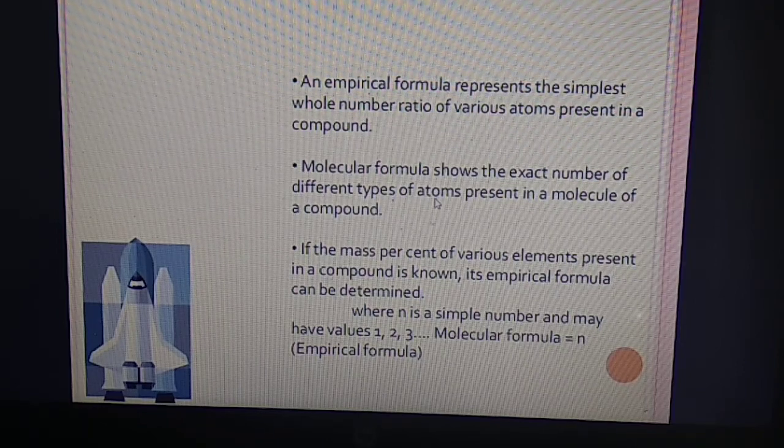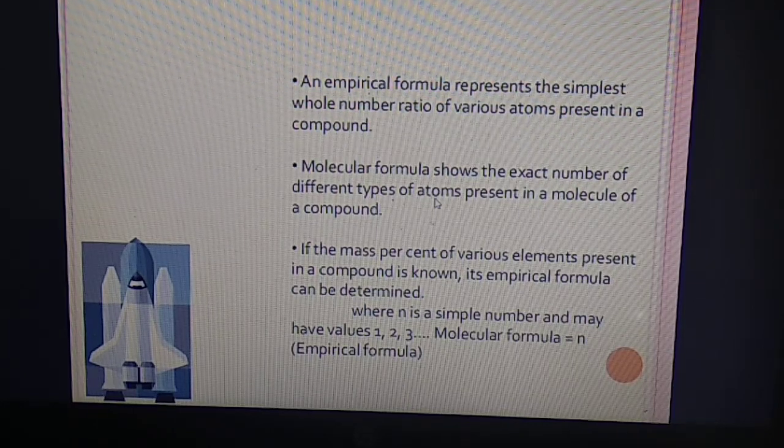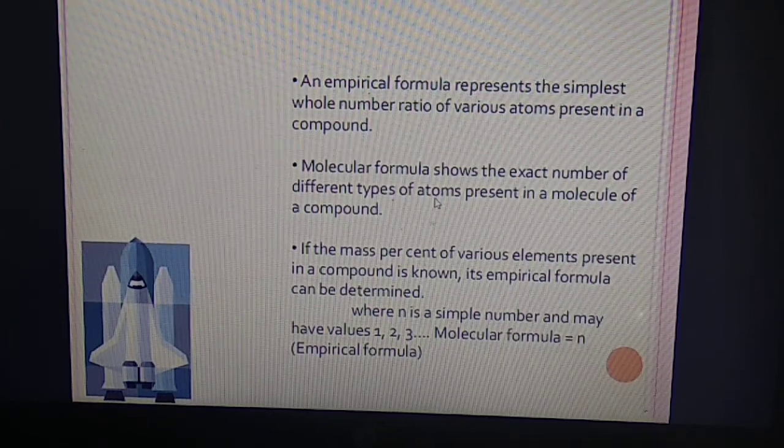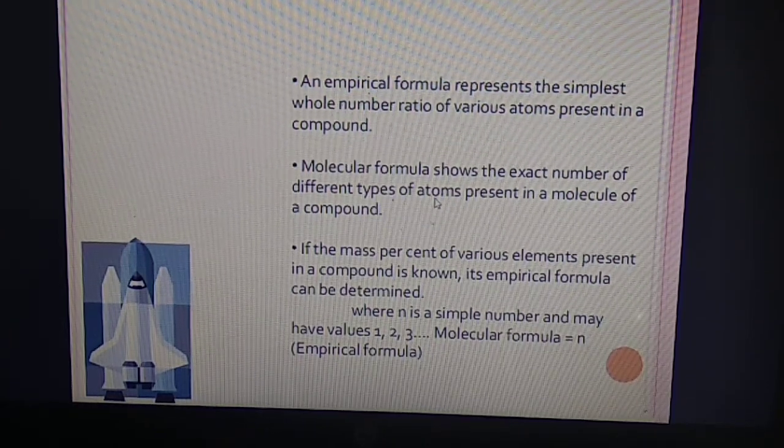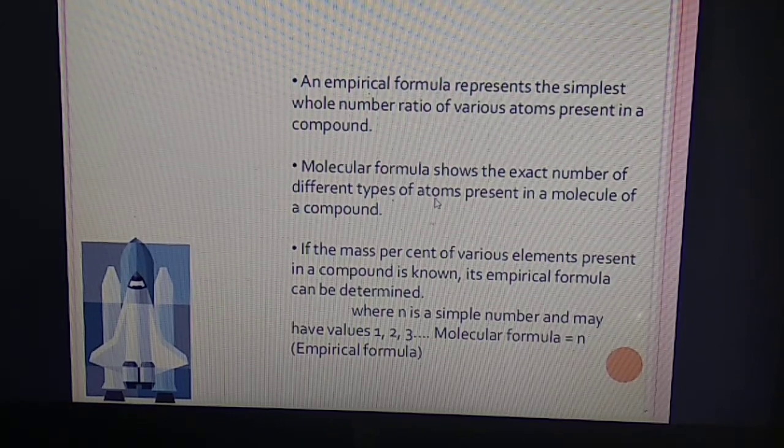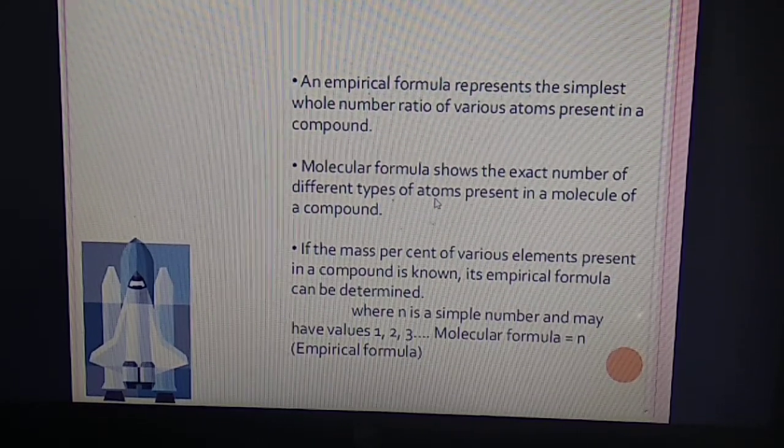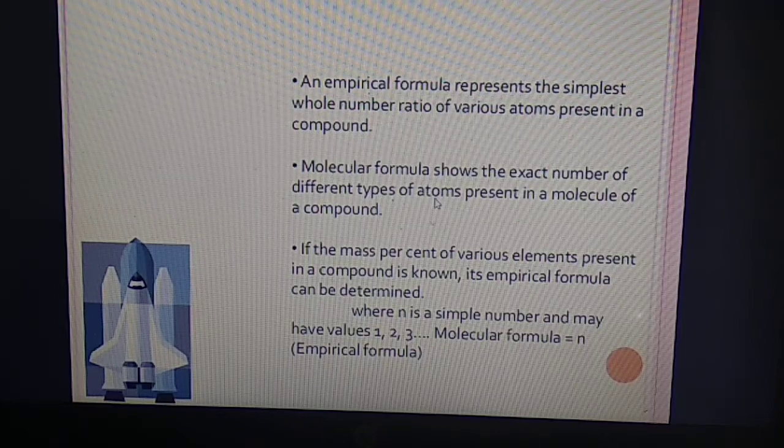Simplest whole number ratio of various atoms, but molecular formula, exact number of different types of atoms. So what is the difference between empirical formula and molecular formula? Empirical formula gives the simplest whole number ratio of different atoms, but molecular formula gives the exact number of atoms present in the molecule of a compound.